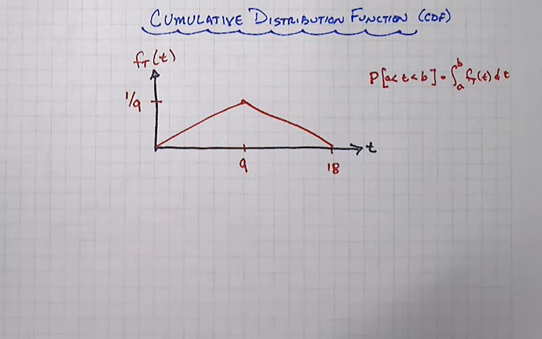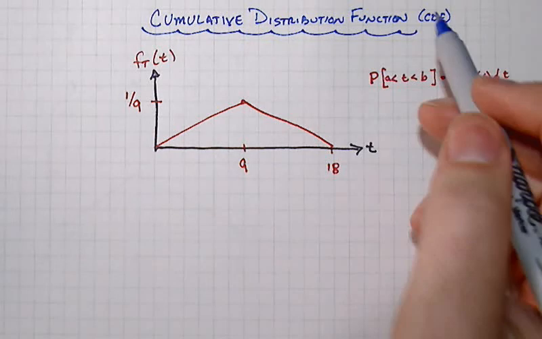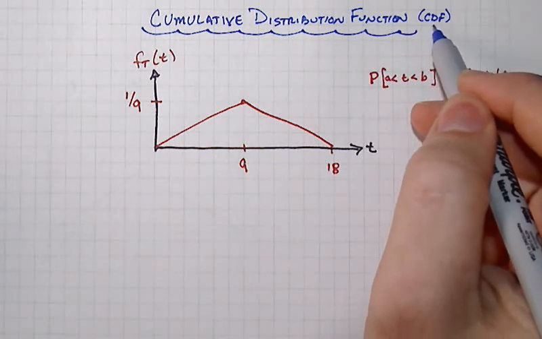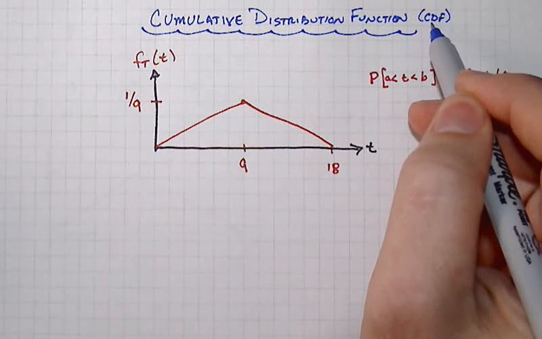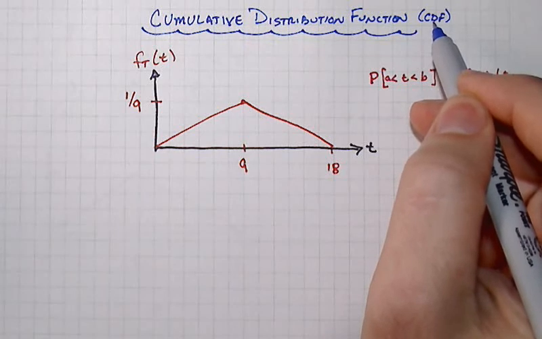Now, that's all well fine and good, but what if you don't want to do the math and you don't have a nice easy shape? And that's where the cumulative distribution function comes into play in some of its power for us. We didn't use it a whole lot when we introduced it before, but now we'll start to see more of its power. Now, a lot of people call the cumulative distribution function, see, it's a mouthful, right?